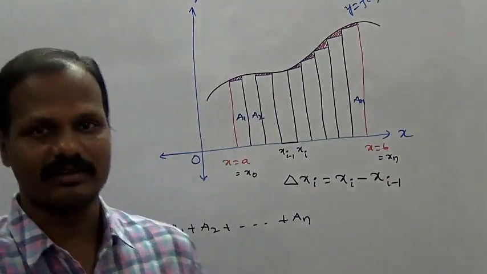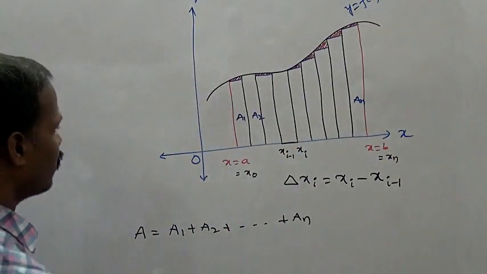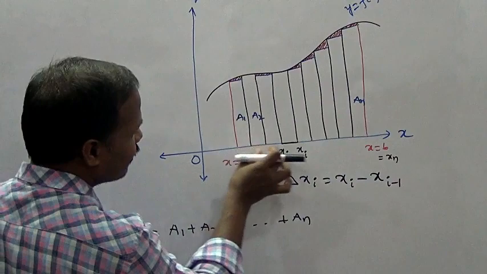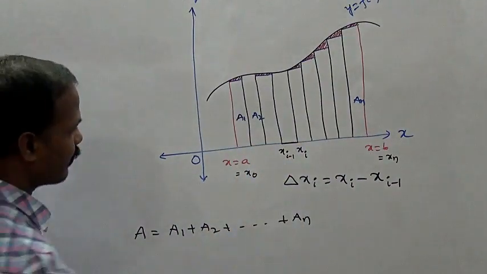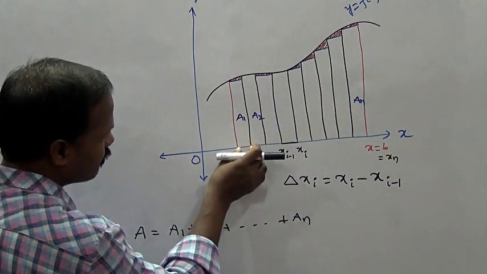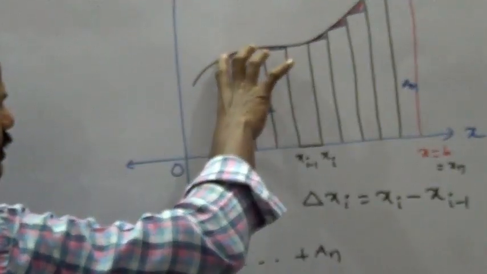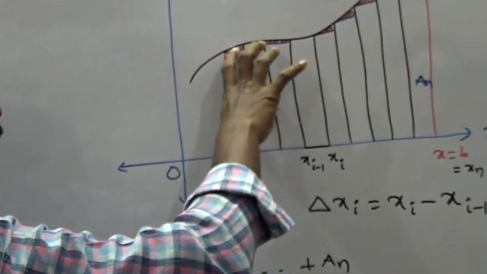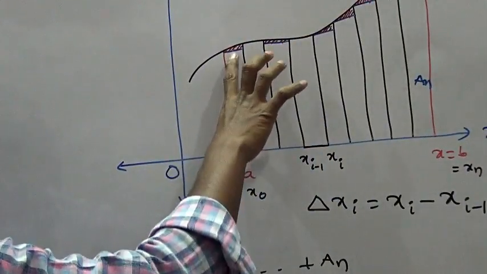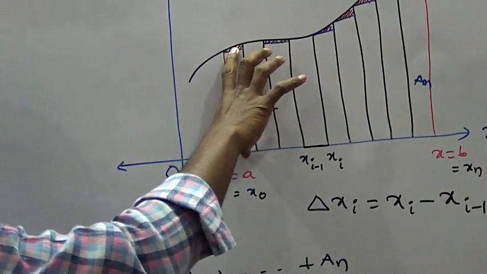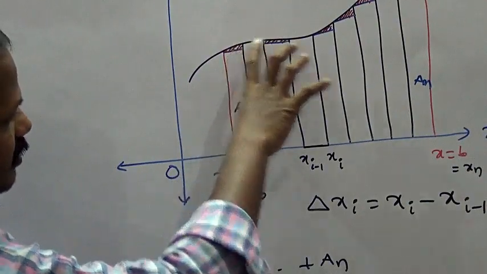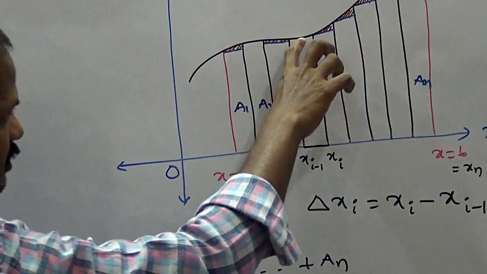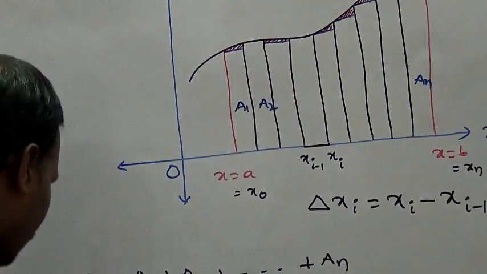Each are equal. So this length is in general delta xi. So this one is delta x1, and what is this? This is the value of y equal to f of x. So in general this is f of xi.